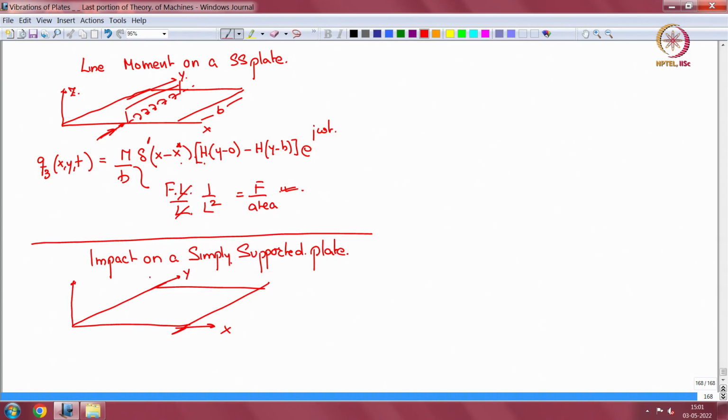Suppose the ball, a mass of m coming down, has a velocity v1. But going back up, it has a velocity v2.